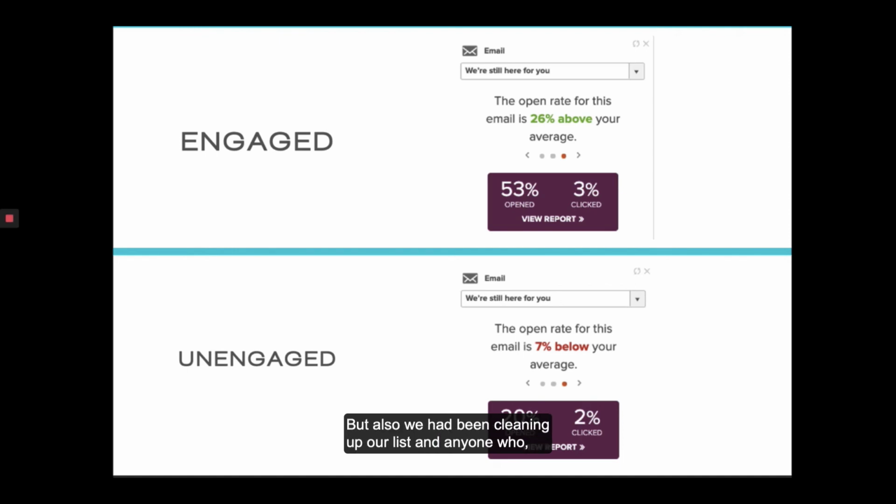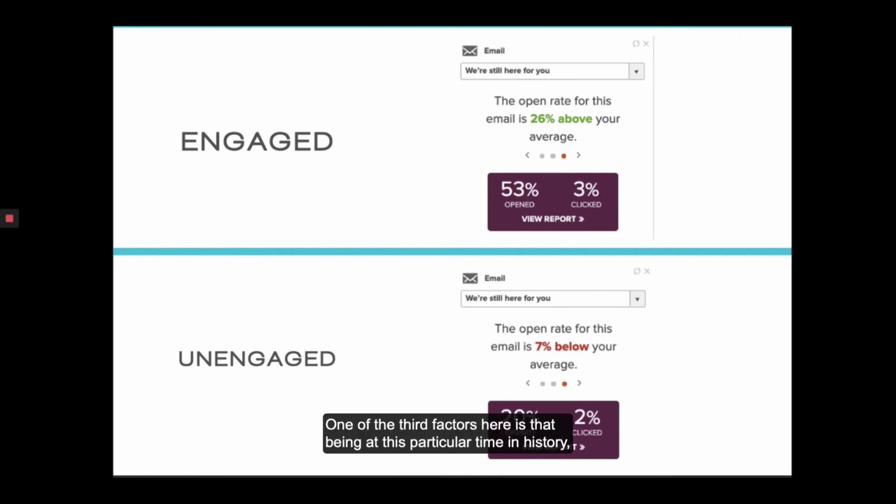But also we had been cleaning up our list, and anyone who wasn't in that category anymore were removed, and people have obviously moved from that unengaged group of people to engaged, and we'd done a few other things in the back end to kind of clean things up. So I think that was another factor.